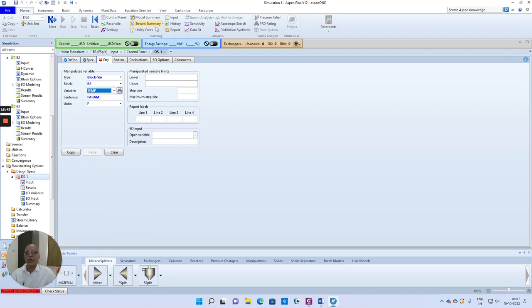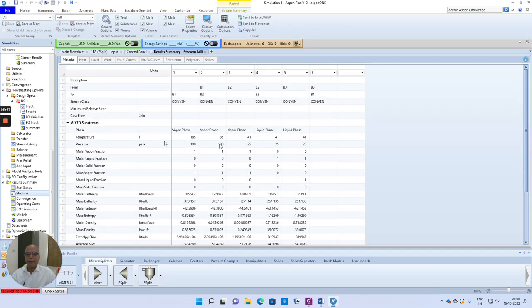Now at present, as you can see from the stream summary, we are operating this at a temperature of 41 degrees Fahrenheit, and it has to be even lower than that in order to reduce the vapor composition. Of course, we don't have any idea about this. So let us make some kind of an assumption.